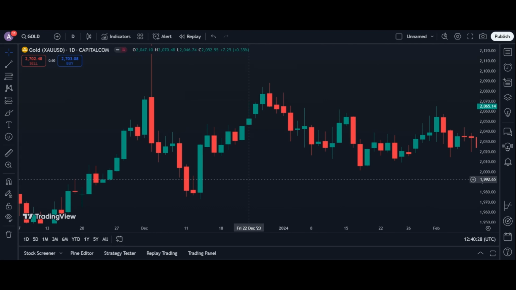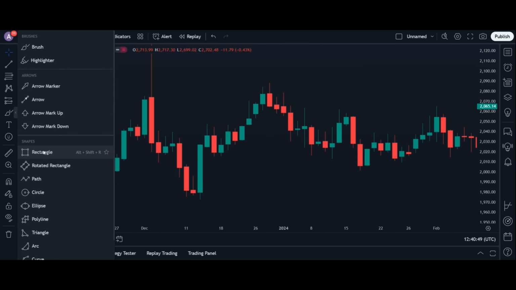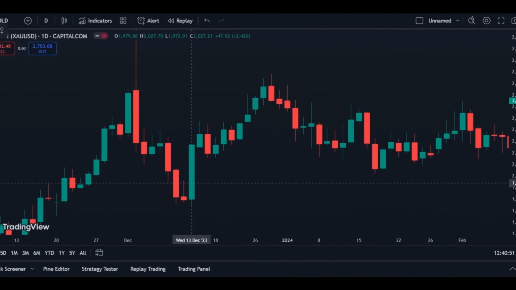As I mentioned earlier, an FVG comprises three candles, and an FVG means the imbalance or gap between the upper shadow of the first candle and the lower shadow of the third candle. In this instance, let me grab the rectangle tool to draw the FVG.